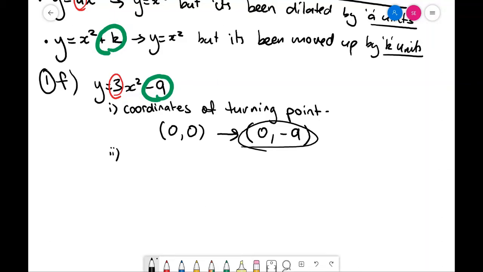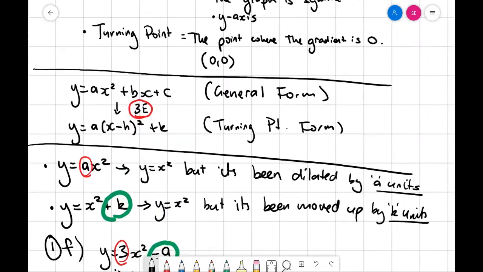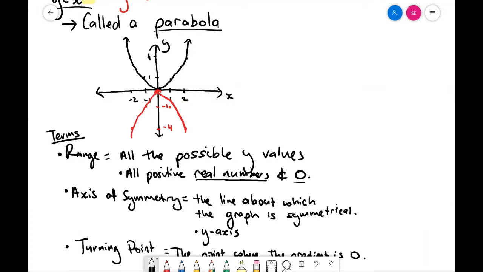Now the second bit of information we need to find is the axis of symmetry. Well, the axis of symmetry before was the y-axis. So if we scroll back up, it was just the y-axis.